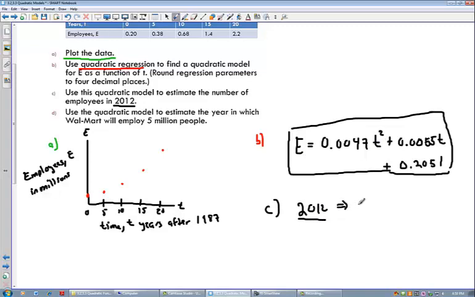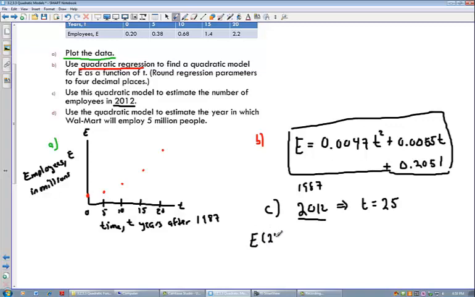So this implies that my t is equal to, it starts in 1987, so you just count up. If you start in 1987, 3 years gives me to 90, and then 10 years to 2000, so that's 13, and then plus 12 is 25. So my t is 25, and all I need to do is plug 25 in for t.